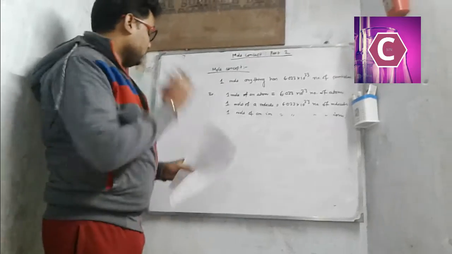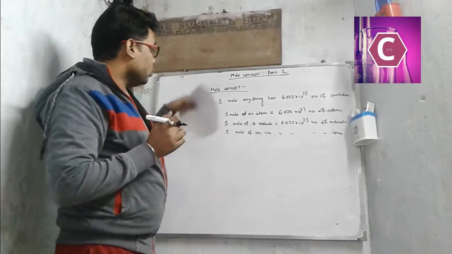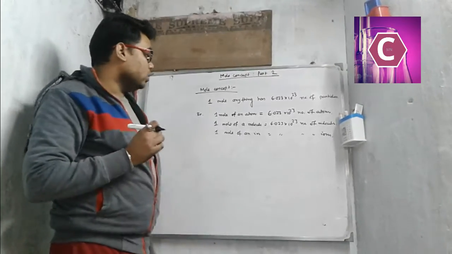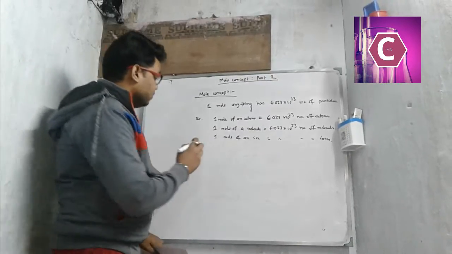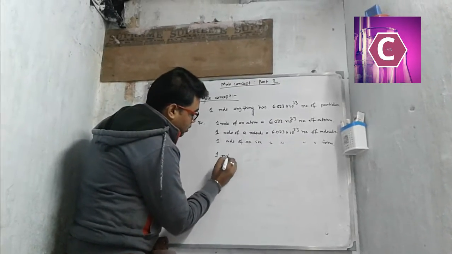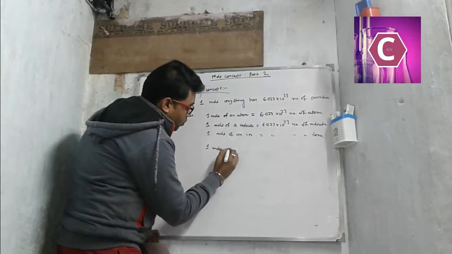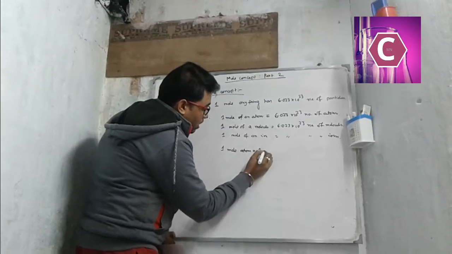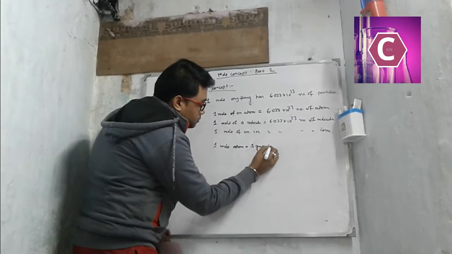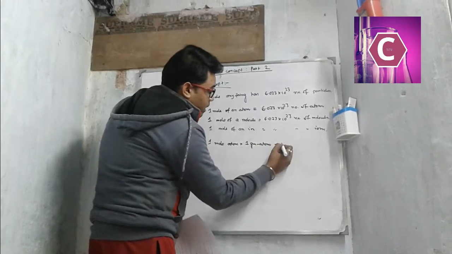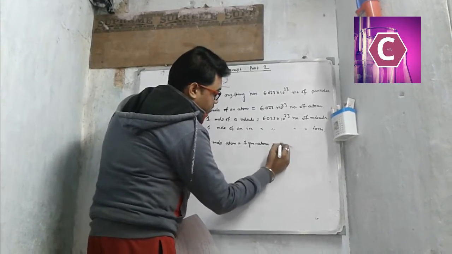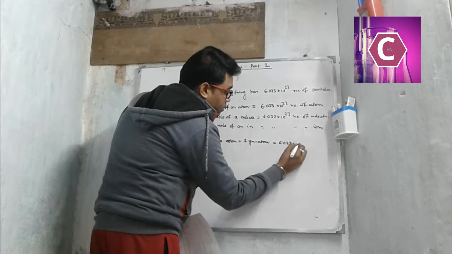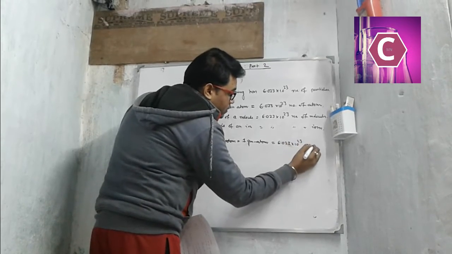Again, the relation of mole with the gram atom or gram molecule or gram ion is as follows: 1 mole atom is equal to 1 gram atom is equal to Avogadro number of atoms, 6.023 into 10 to the power 23 number of atoms.